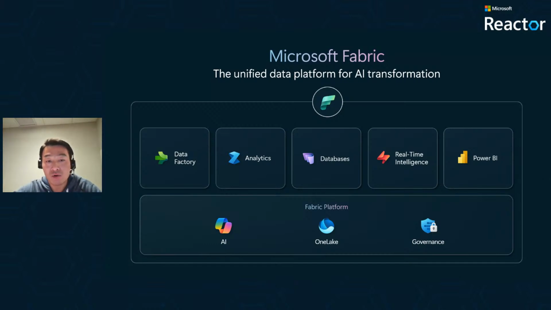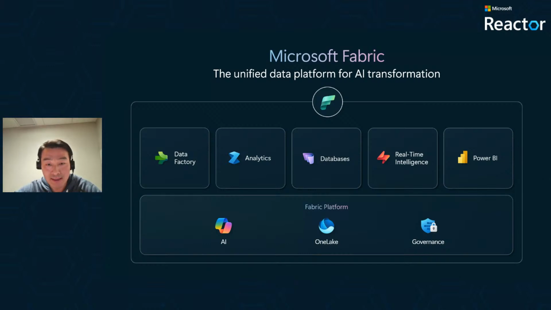It is the only unified platform in the industry that brings together a unified data foundation that deeply integrates Data Factory, data analytics, including data engineering, data warehousing, and data science, databases such as SQL databases and more, Real-Time Intelligence, and Power BI. It is built on the industry-first AI-powered data lake called OneLake, with unified governance as well.